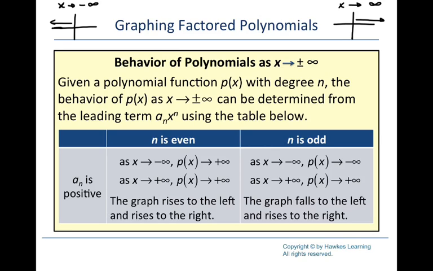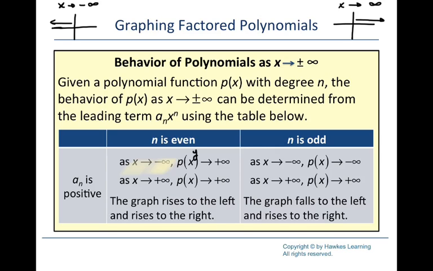Okay. If n is even, so that means that the highest power of x is 2, 4, 6, 8, or something even higher. So this means as my x values approach infinity, right here, we're talking about as x approaches infinity, what's happening to the y value?